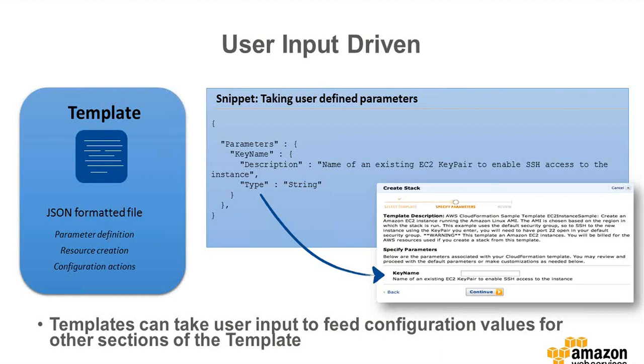But if you're doing this for dev test environments, you might want to have a single virtual machine that doesn't really scale up or down. You just want to do functional testing on that. So by using parameters, you can provide any number of user inputs. And if you run this template through the Amazon Web Console, as shown here, you will be prompted for any parameters that are required as part of this template, which is a fantastic way of building a user interface and very quickly deploying environments.